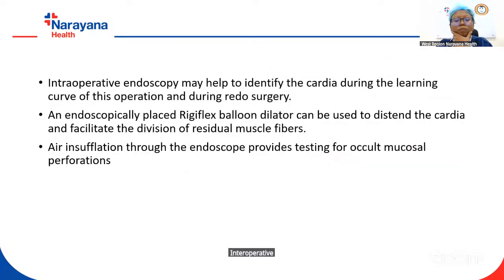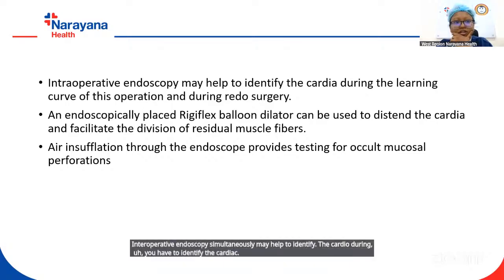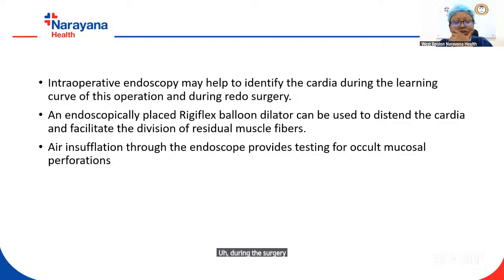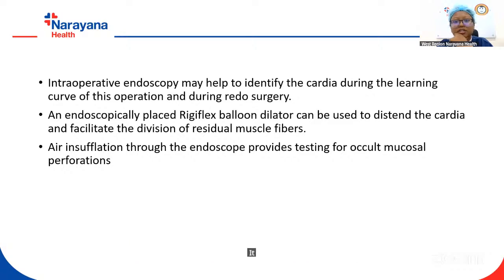Intraoperative endoscopy simultaneously may help to identify the cardia during the surgery, and an endoscopically placed balloon dilator can be used to distend the stomach and facilitate the division of residual muscle fibers. It also helps in testing for occult mucosal perforation.